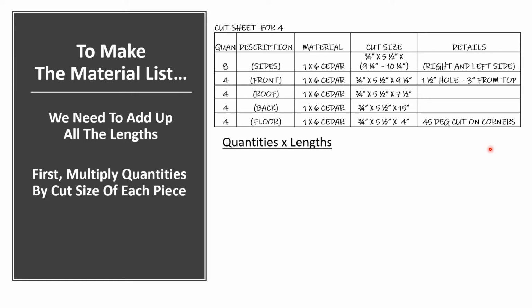All right, we need the quantities and the lengths. So the first thing we do is multiply 8 times 10 and a quarter. So what is that? 8 times 10 and a quarter. Well, if we're doing fractions, first thing you've got to do is change it to an improper fraction. So you take 8, and that would be 8 over 1, right?